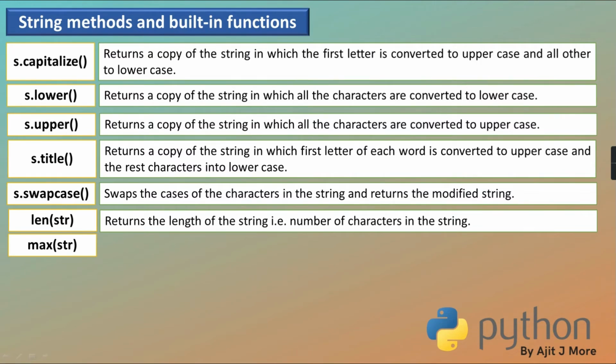Then I used key also. Like I created a list of words, Tim, Bob, Bill, Jack, Ram and all, and then found the string with minimum length or maximum length. So I used key equal to len. No? Yes.